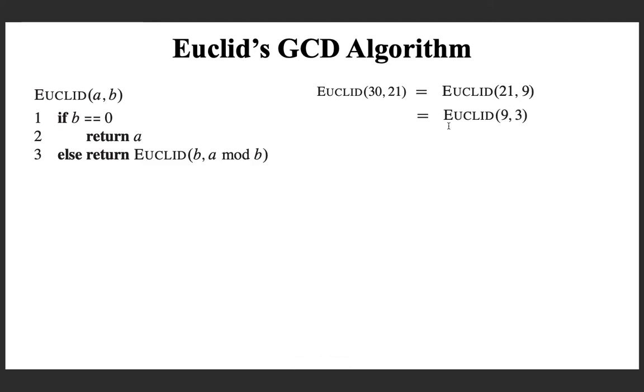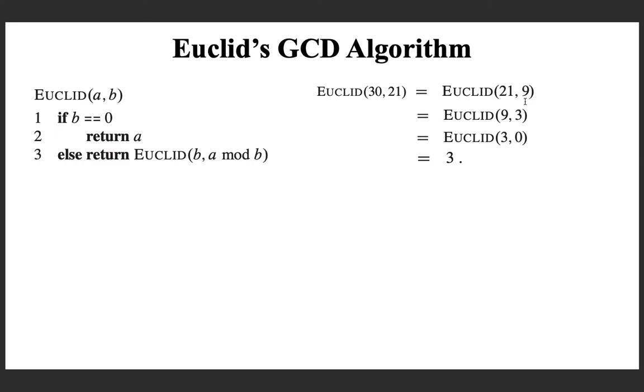Now again it is Euclid 3 comma 9 mod 3, which is 0. Now you are getting the escape situation, so you can define this as 3. Note that in just 4 calls you found the GCD of 30 and 21.